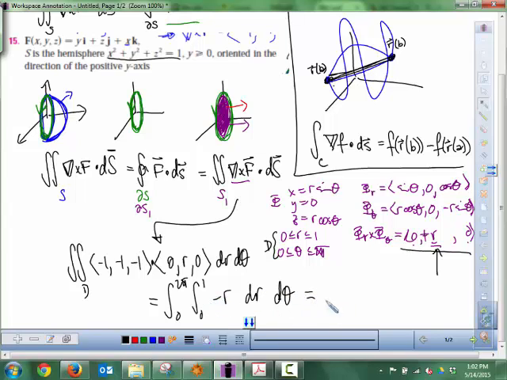So the integral of negative r is negative r squared over 2 from 0 to 1, and then you multiply this by theta from 0 to 2 pi. So that's negative 1/2 times 2 pi, which is negative pi, which is what we got yesterday.